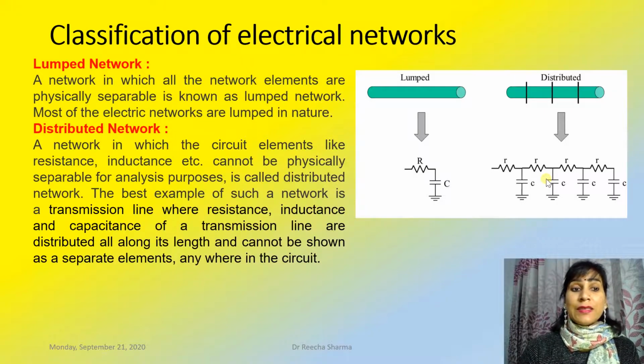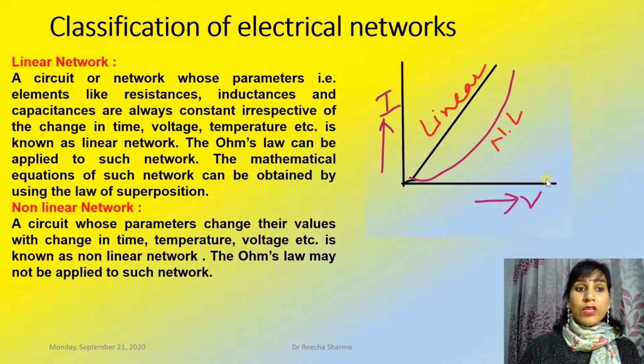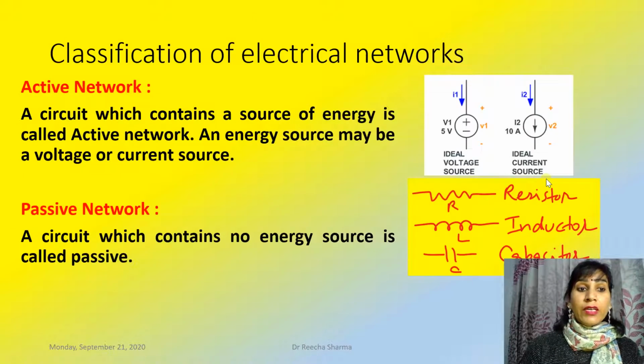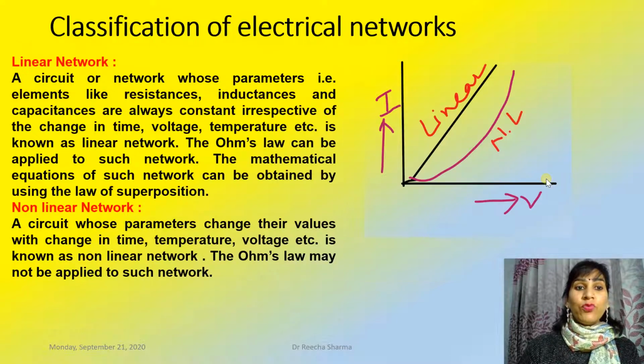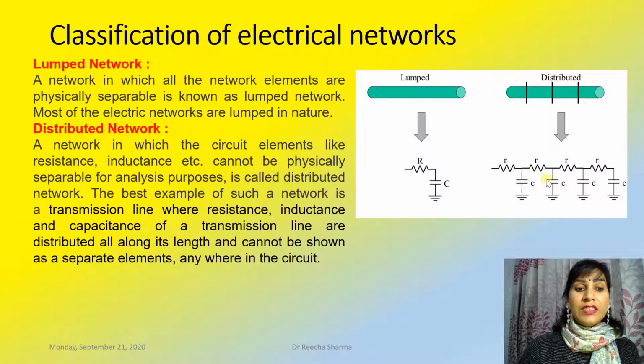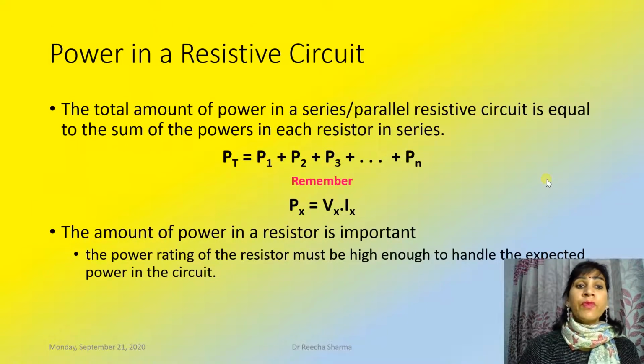The best example is the transmission line, in which all the components are calculated together. So this is about the classification of electrical networks, in which we discussed active networks, passive networks, bilateral networks, unilateral networks, linear networks, nonlinear networks, lumped networks and distributed networks.